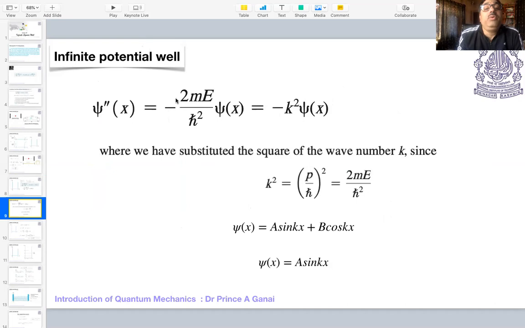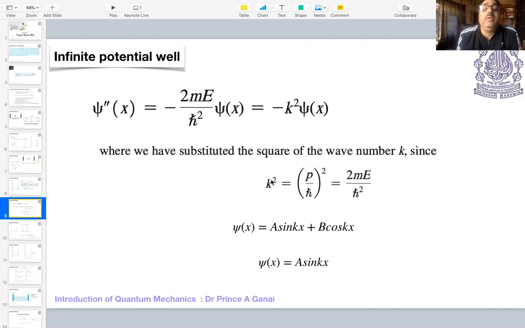So the root of this is momentum, and the square of this is 2mE. So k square in terms of momentum would be p square by h cross square, or (p by h cross) whole square, which is equal to k square, which we know is 2mE by h cross square. So it's nothing but telling you what the k simply is.